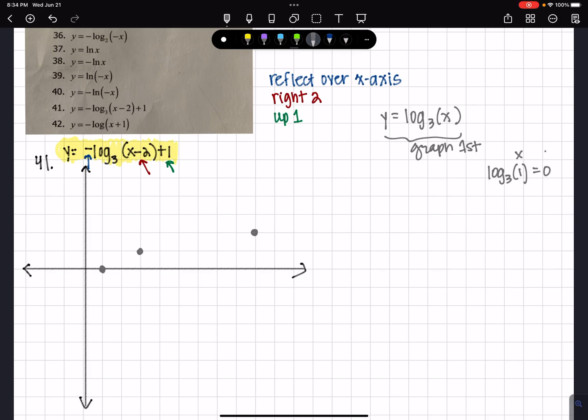So this is your x and this is your y. So you put a 1 in, you get a 0 out. Log base 3 of 3 is 1. You put a 3 in, you get a 1 out. Log base 3 of 9 is 2. You put a 9 in, you get a 2 out. So those are the 3 points that I plotted here.